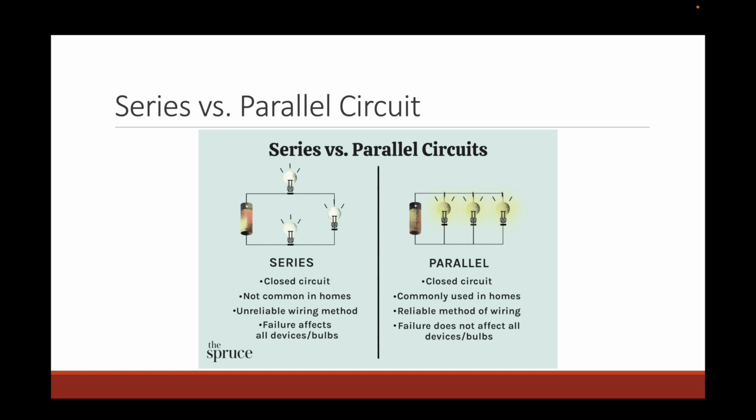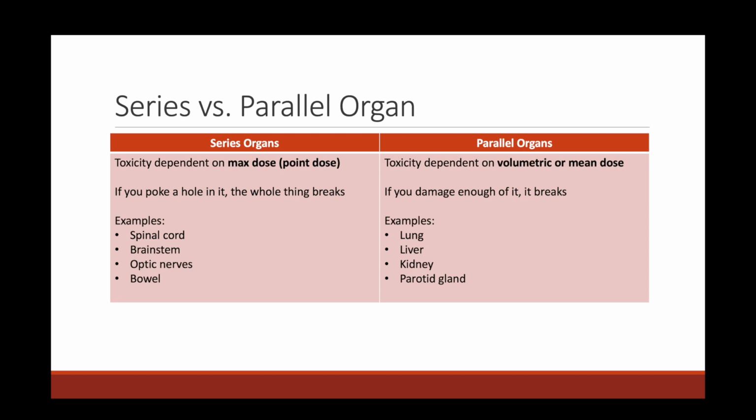So think of it as a small circle and then a bigger circle and then a bigger circle, but they all convene on that same battery source. So if one of the bulbs were to go out in a parallel circuit, the other bulbs would still have electricity.